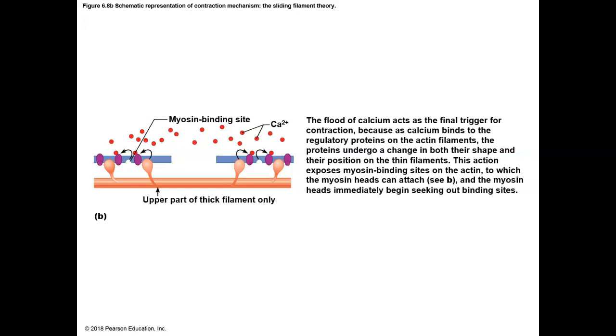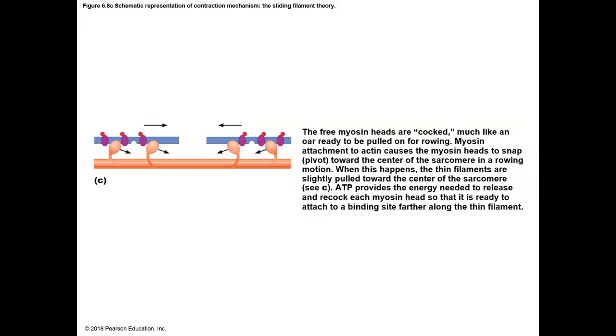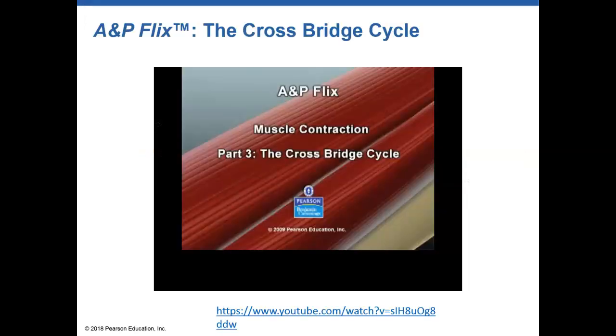So on the regulatory proteins, there's a binding spot, and so calcium binds, and this causes a conformational change in the regulatory proteins. So the structure changes and it ends up moving off of those binding sites. When this happens, we now have open binding sites for myosin. So myosin can reach up, grab onto the actin, and a power stroke can occur.